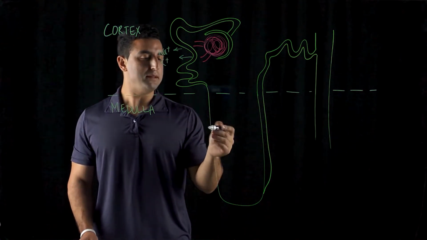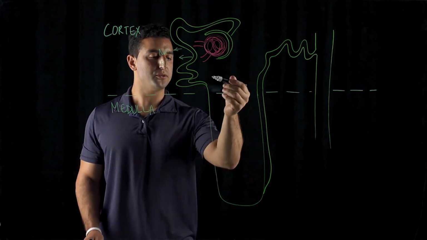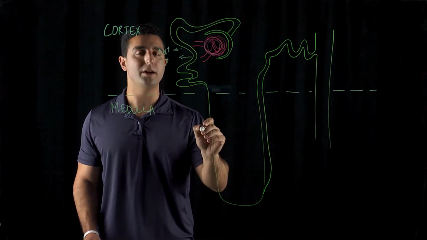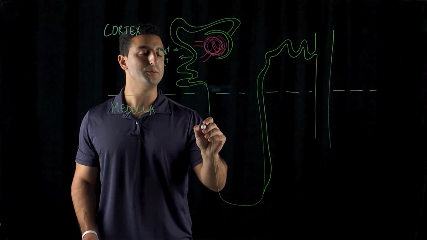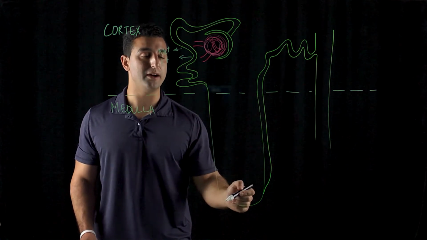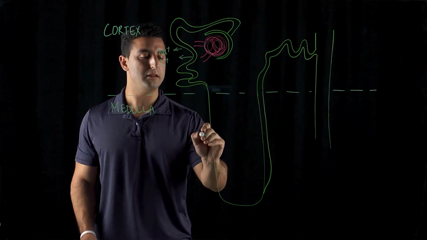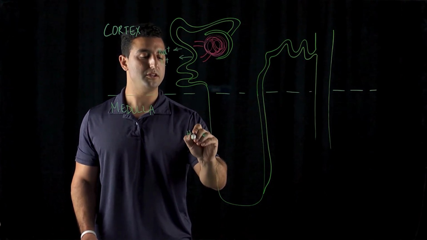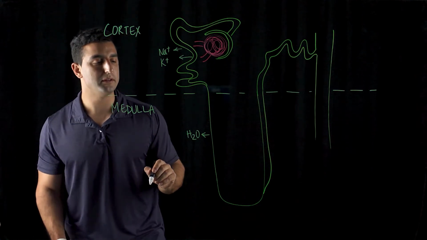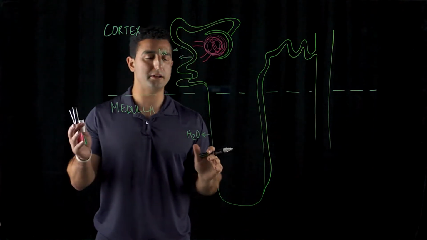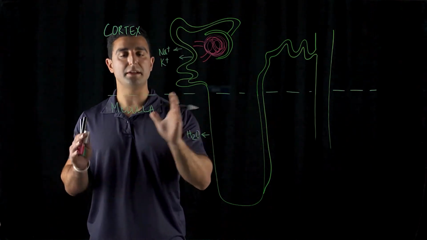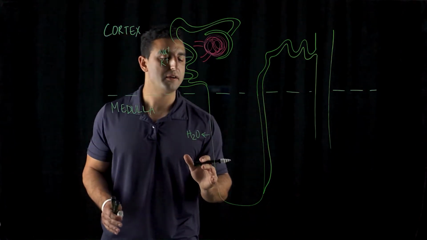So what happens? Well, the first region of the loop of Henle is called the descending loop of Henle, because it's going down. Its function was to bring water into the extracellular fluid. Eventually it can go to the blood, but we're going to focus here specifically on the extracellular fluid.